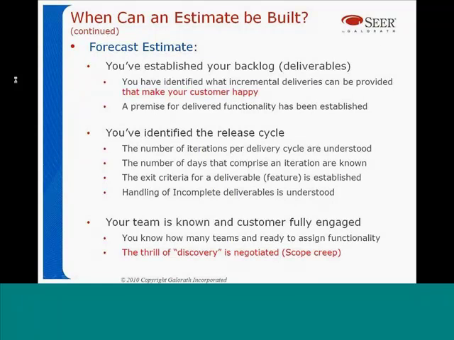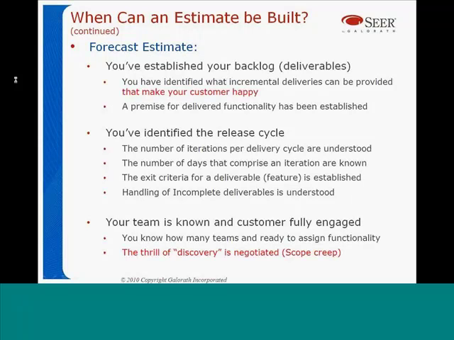The last bullet we talk about, though, the thrill of discovery is negotiated. And that's when we're going to talk about scope creep. One of the things that happens over and over in Agile projects is the discovery of capabilities from a user's perspective. A lot of times, you'll provide them with a solution to a problem that exceeded their expectations, and it's not unusual for them to say, wow, I didn't know you could do that.